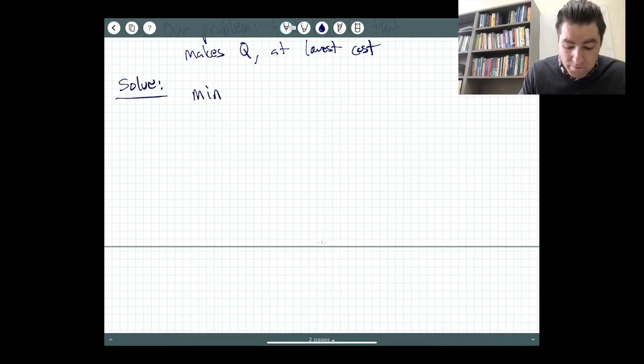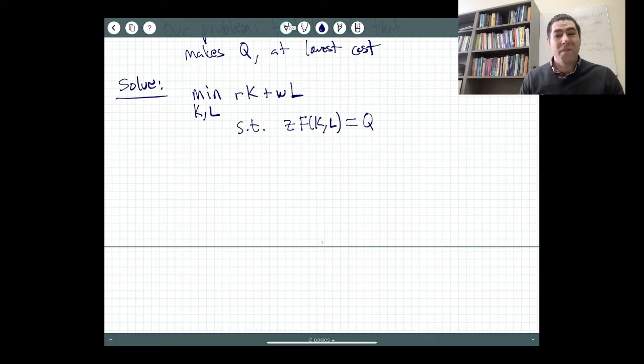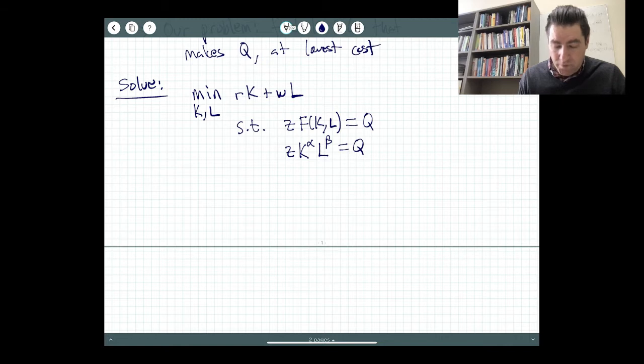I'm going to minimize, by choosing my capital and labor, my costs of production, RK plus WL, subject to the constraint that my output is equal to Q. And I'm going to use our specific production function, ZK to the alpha, L to the beta, equal to Q. So I think Joey was asking, without specific numbers for R, Z, K, alpha, and beta, and Q, how do we attack this problem?